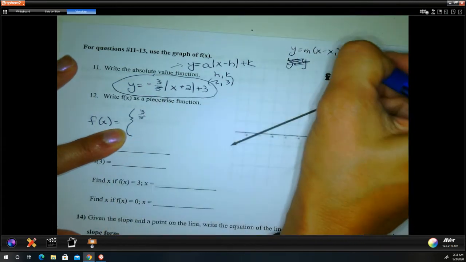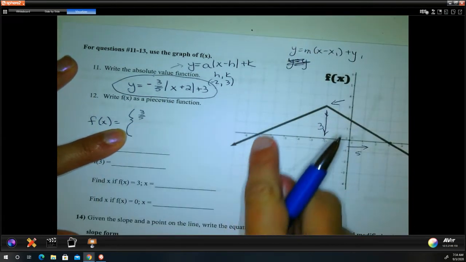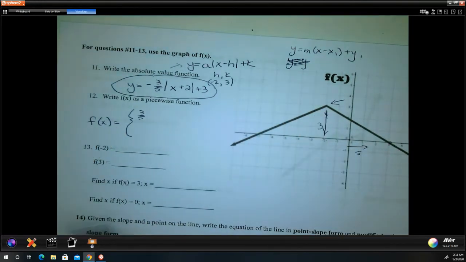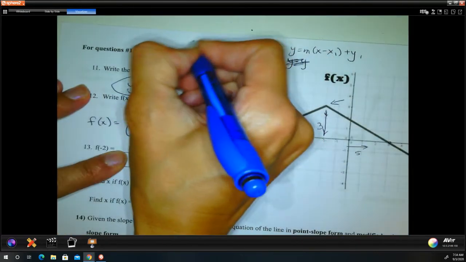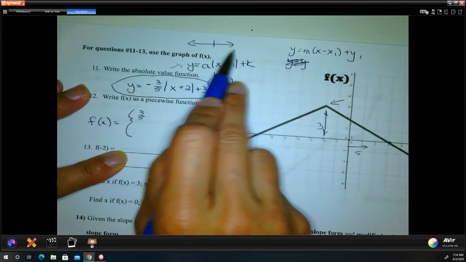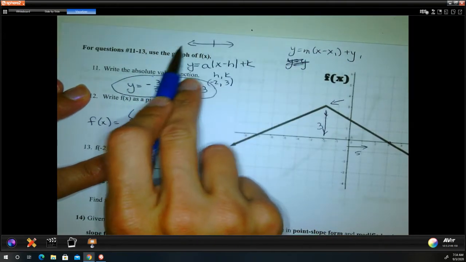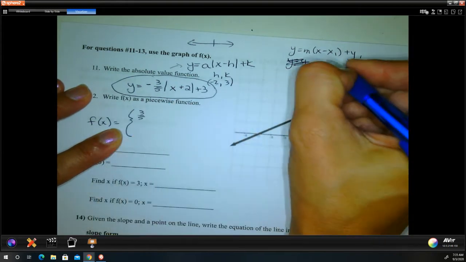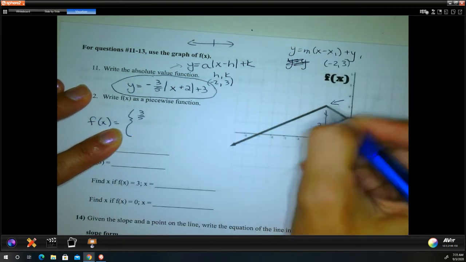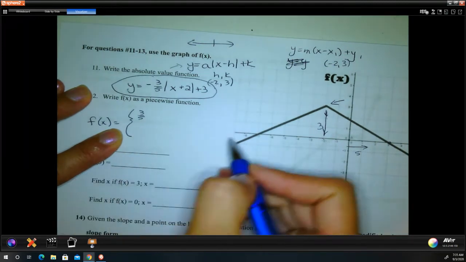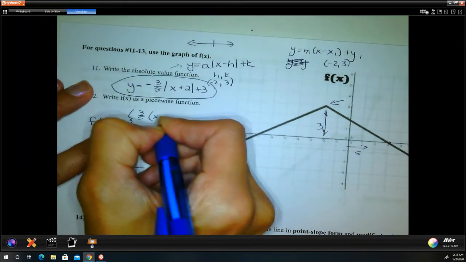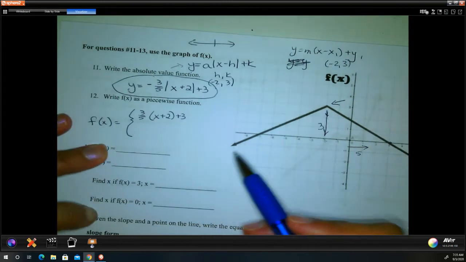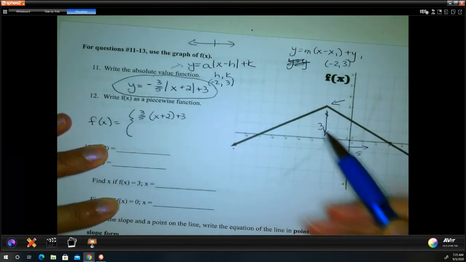All right, modified point slope. So m, we already know, is +3/5. It's just the opposite of, since absolute value, you go the opposite direction from 0. Right here, 0. We have some opposite to the right and some to the left. My point here, I'm still going to use that same point, (-2, 3), because that point works on both. So y equals 3/5 (x plus 2) plus 3, and that domain would go from -infinity up to -2.